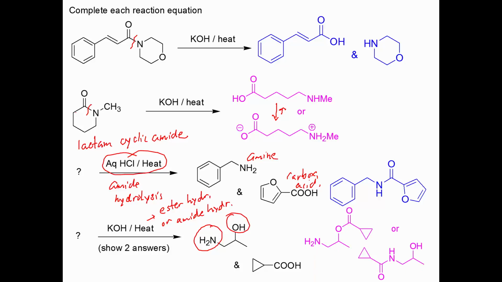Okay, so either of these compounds here would transform to the amino alcohol and cyclopropane carboxylic acid if you treated it with KOH and heat. Again, both the ester or the amide would hydrolyze. The amide would be harder, but we don't see the temperature or the concentration of base specified in either of these.